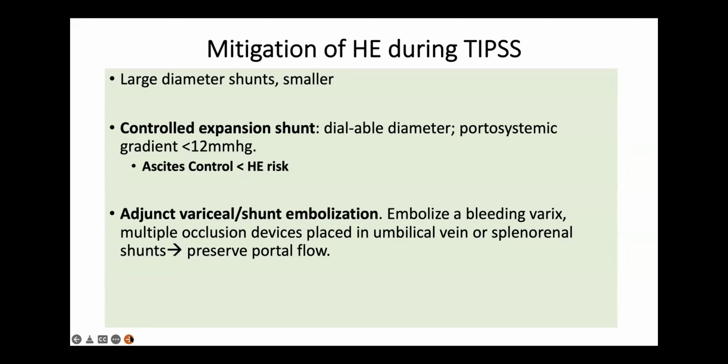Like I said, you can have a smaller shunt, but if it's too small, the TIPS might not work, and then there's no point, especially with patients that have ascites. This controlled expansion shunt is quite interesting because you monitor how much pressure you're decreasing, and it may decrease hepatic encephalopathy further.